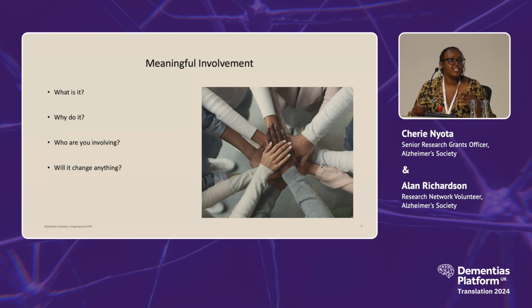But face-to-face is also really important, because once we came back out of the pandemic and could start doing more face-to-face things, I know a lot of the research network was really keen to come to meetings, and with the monitoring meetings as well, go to the labs, see the labs, etc. So when you think about how to involve people, think about that aspect that's come from COVID, which is hybrid or face-to-face or online, and make it a mix so that people can choose exactly what they want to do.